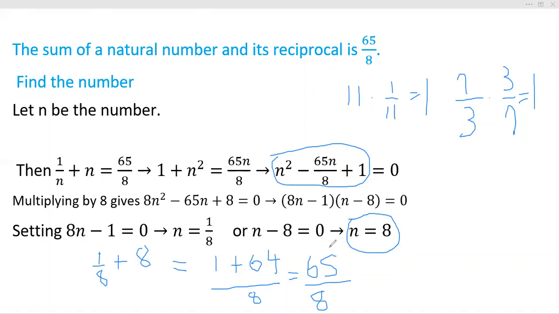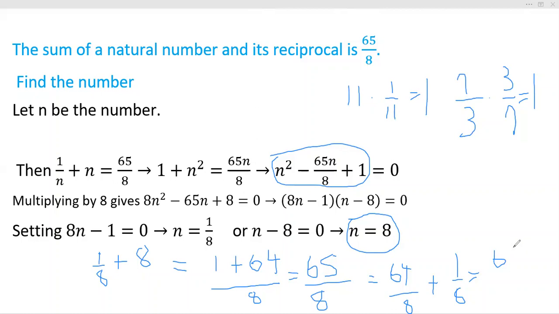If you just started with 65/8, it doesn't take much number sense to notice that this is equal to 64/8 plus 1/8. That's just properties of fractions. 64/8 plus 1/8, just by inspection without doing much thinking, is certainly equal to 65/8.